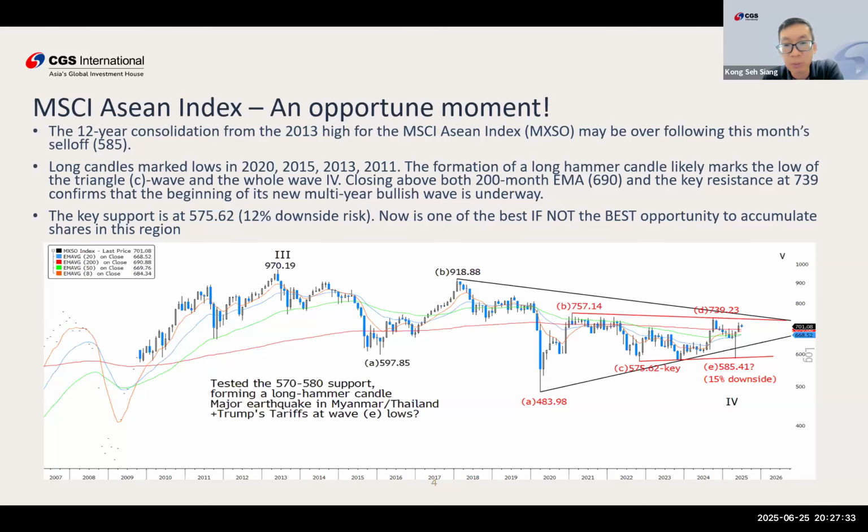Then that would also see a selling climax in the markets. So with the long candle that we saw in April, potentially a selling climax is done here in the ASEAN market. So potentially it could kickstart a new bull market for ASEAN.